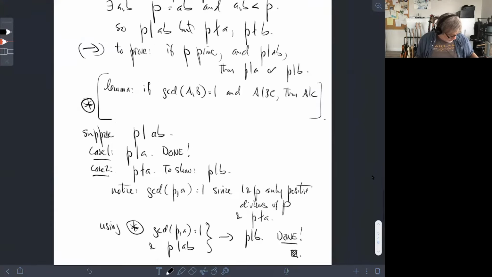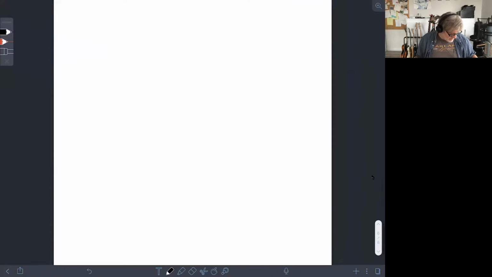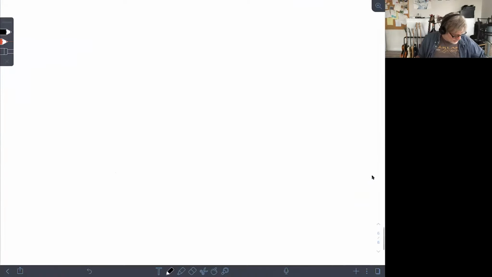So while we're here, I'm going to state a more general version of this, which will be helpful. There's nothing new. You should believe this if you believe the previous one.